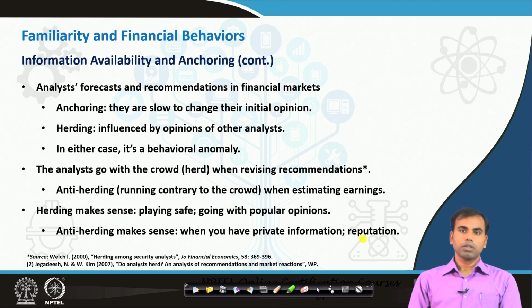So, essentially when we talk about heuristics and behavioral biases affecting investment decision making, originating from information availability or familiarity, we try to merge four major issues: representativeness, home bias, availability heuristics and anchoring, and all these things might lead to herding behavior, which is a behavioral anomaly in financial markets.